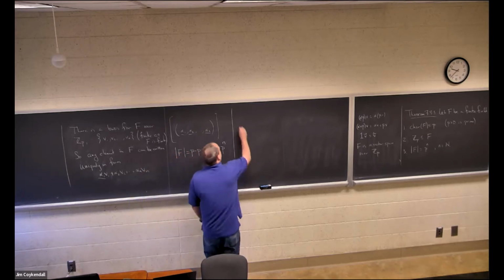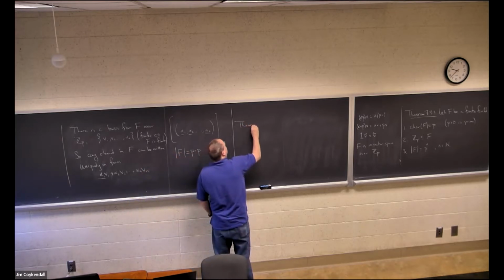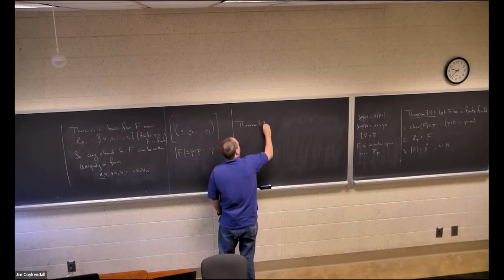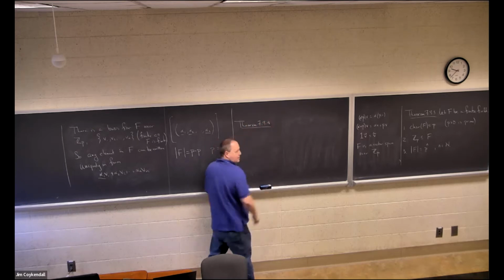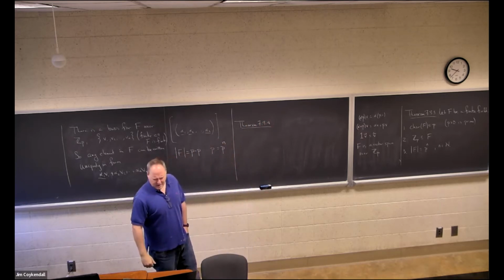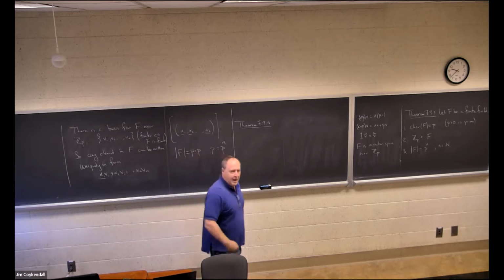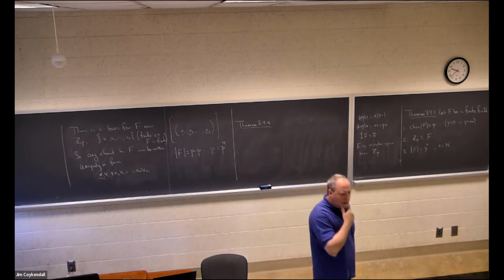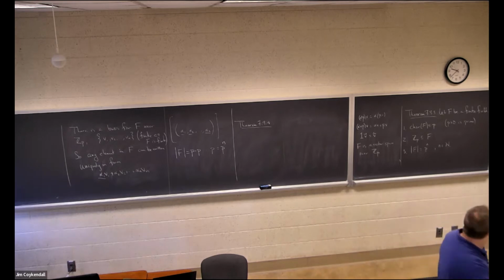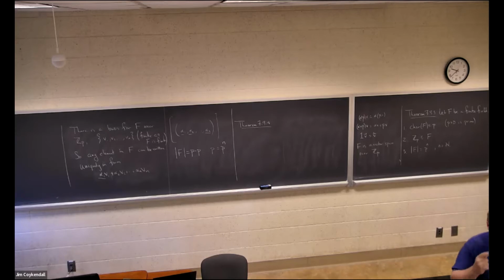Theorem. By the way, let me point something out at this juncture. This is the way things work in mathematics. What I have shown you is that for every prime there's a field of p elements, Zp, we got that.